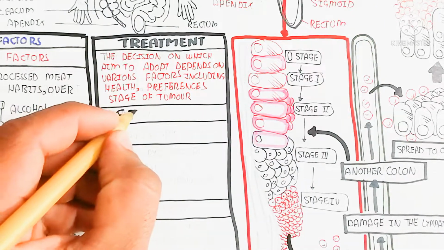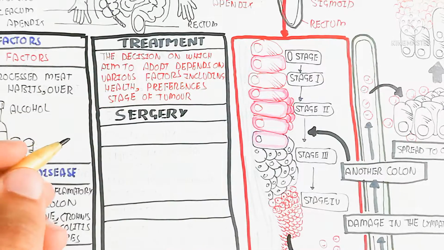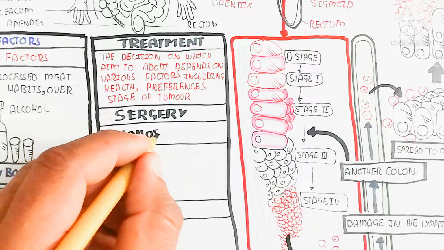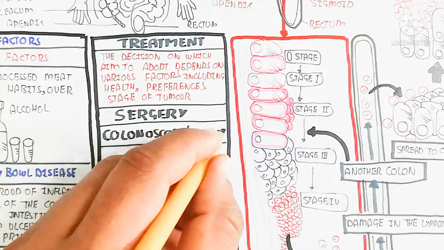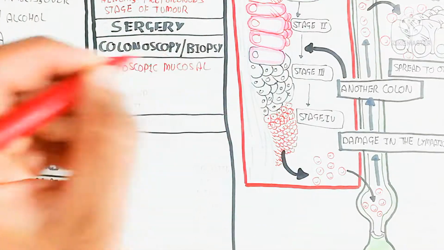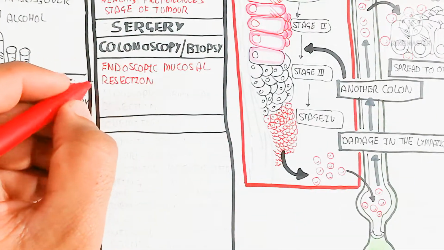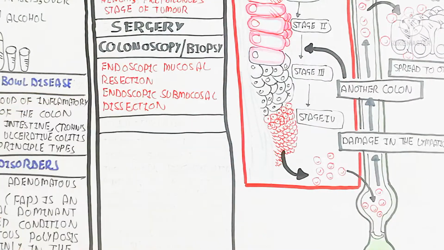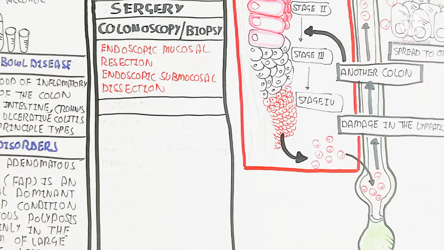Surgery is very important for removal of the part during stage 2 and stage 3, while the colonoscopy and biopsy will use endoscopic mucosal resection and endoscopic submucosal dissection. Endoscopic means the inside, and scopic means the checking via a camera.